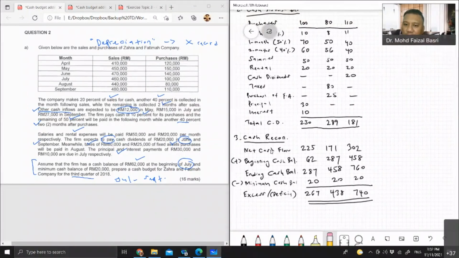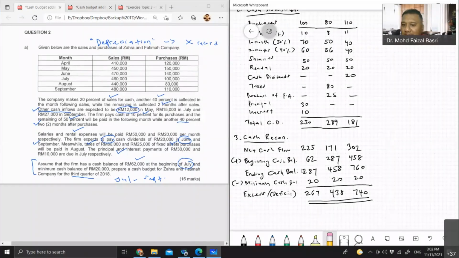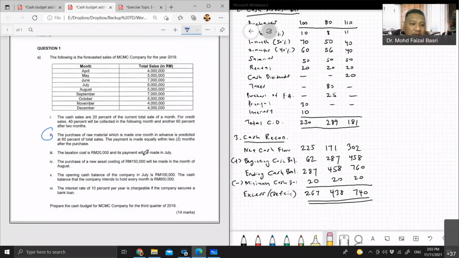It starts with net cash flow. Find the difference between receipts and disbursements for the respective months. And we reconcile everything. This is the reconciliation process, we call it. So we reconcile from beginning to ending, minus minimum cash balance if any, but most of the time there is a minimum cash balance required. Every question has it, you will see here, every question has it.